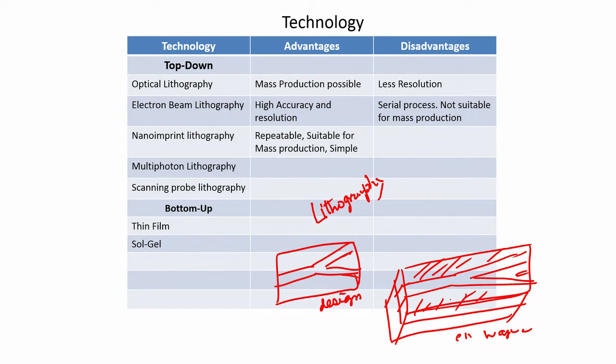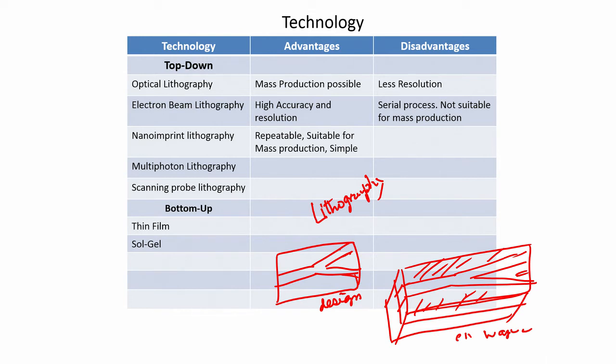So, there are various lithographic mechanisms in practice. They can be categorized under top down approaches and bottom up approaches. So, you have optical lithography where you use light waves or ultraviolet light waves to transfer this pattern onto the wafer.